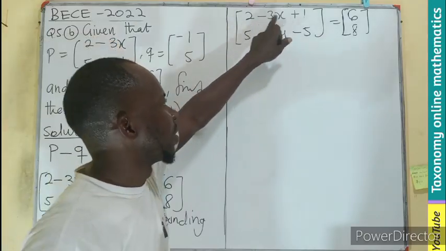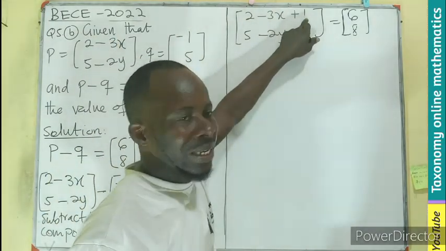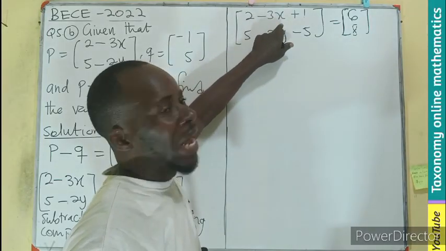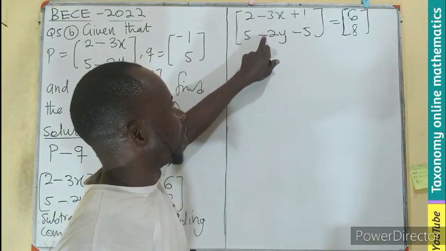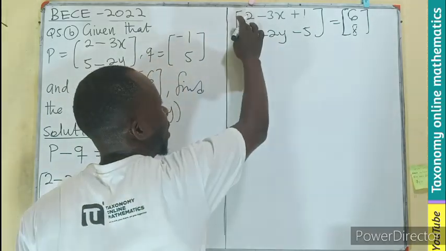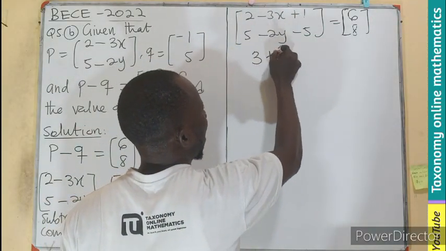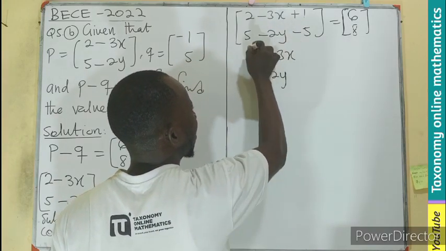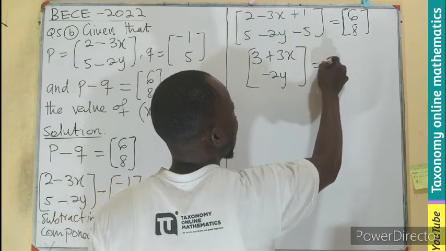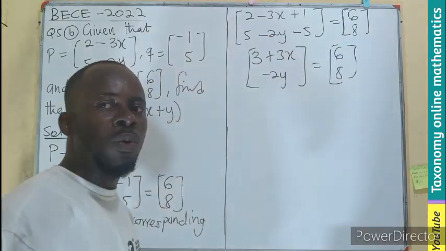So we can perform 2 plus 1 minus 3x, 5 minus 5 minus 2y. So the top here is going to be 3 minus 3x, then minus 2y in this case equals 6 and 8. So these become equal vectors.